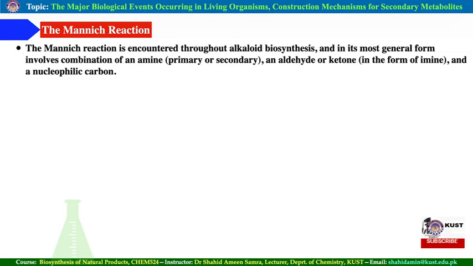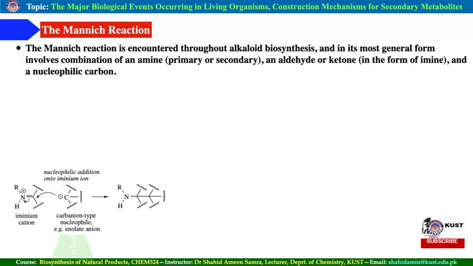Now, the Mannich reaction is encountered throughout alkaloid biosynthesis, and its most general form involves combination of an amine and an aldehyde or ketone, as we have seen in the previous slide, for the formation of a Schiff's base. So that imine that is produced will then further react with a molecule that contains a nucleophilic carbon.